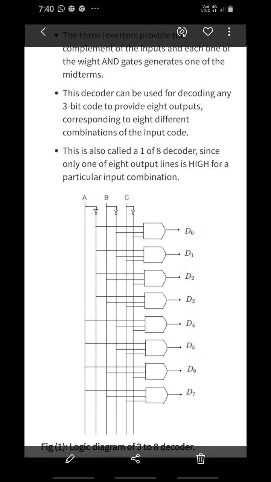So this decoder can be used for decoding any 3-bit code to provide 8 outputs corresponding to 8 different combinations of the input code.